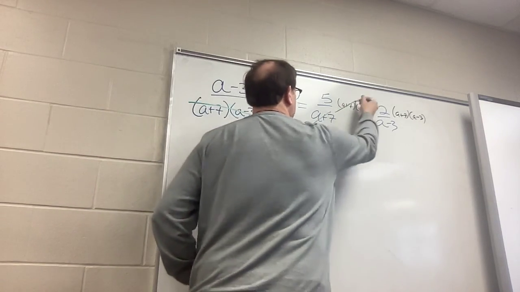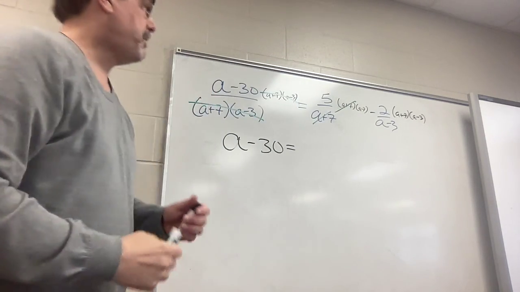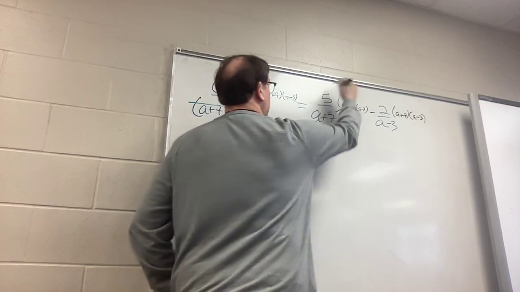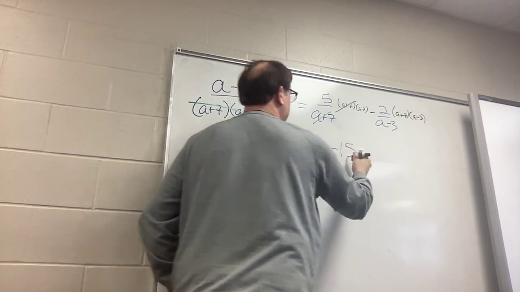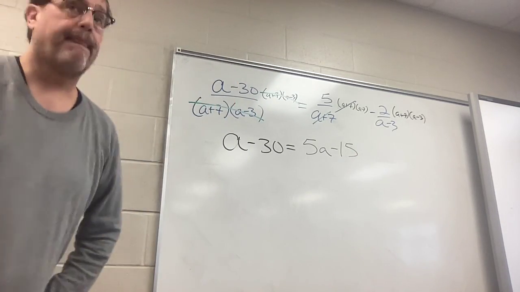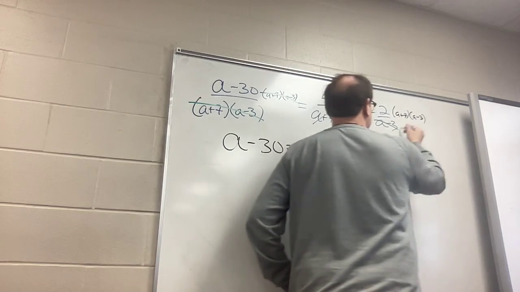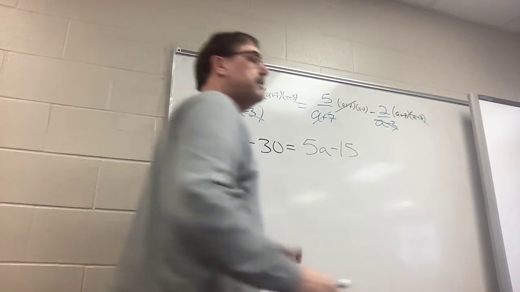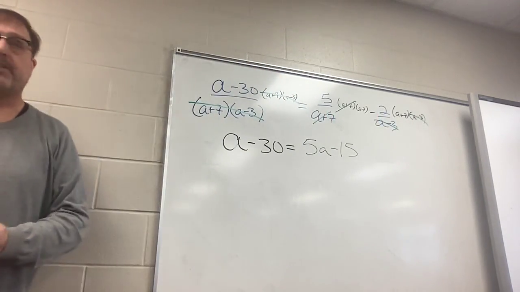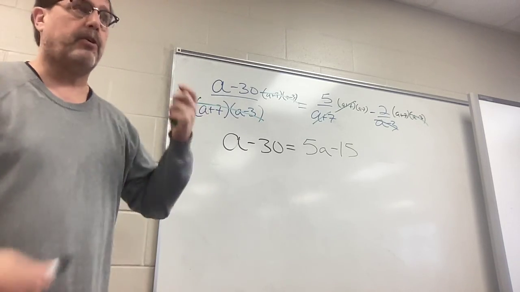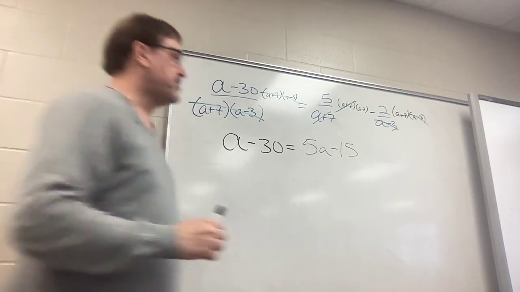This crosses out, and we have distributive property, 5 times a, and 5 times negative 3. Please, please, please. You don't know how many kids do this, and this is wrong.